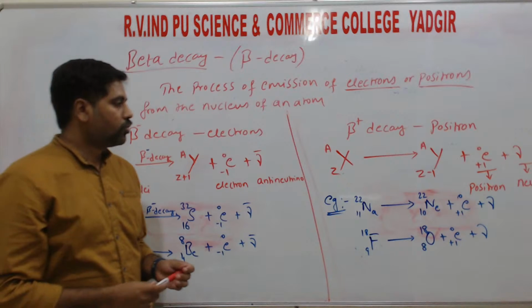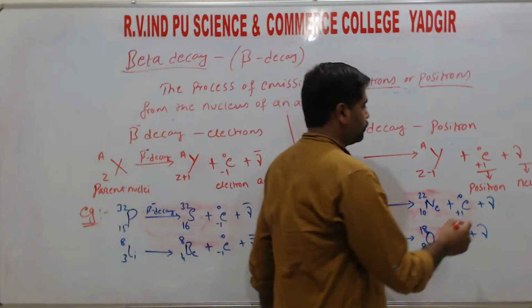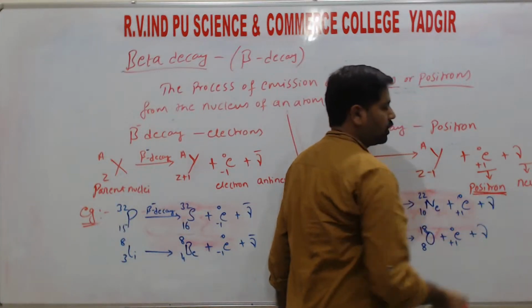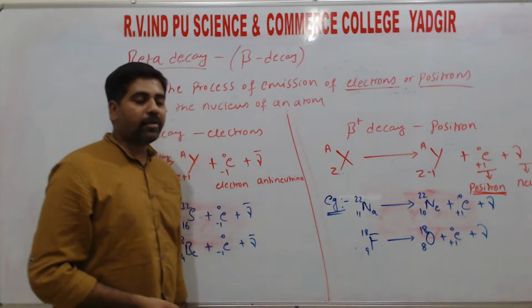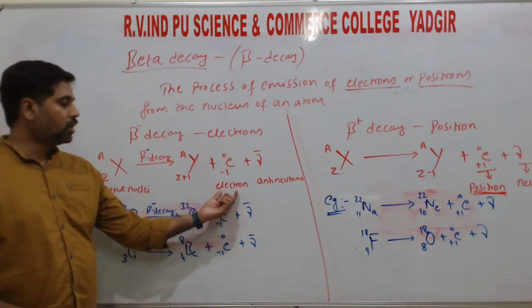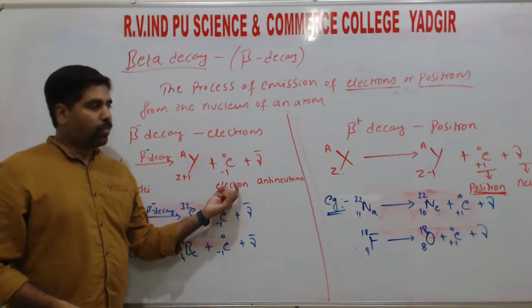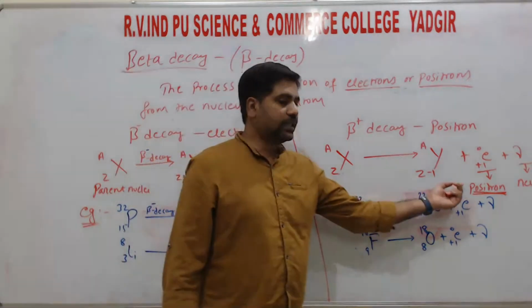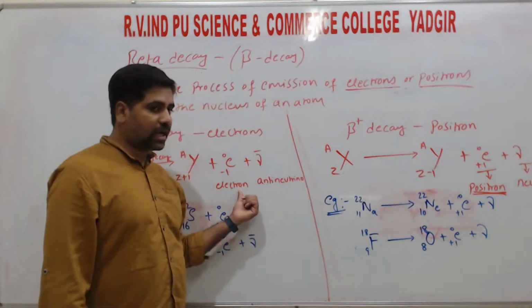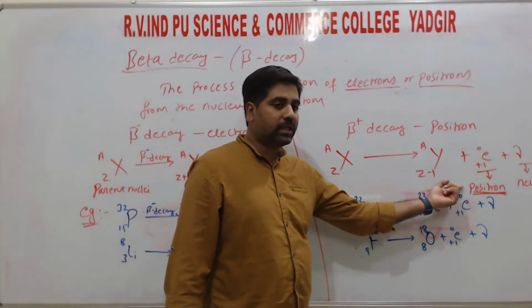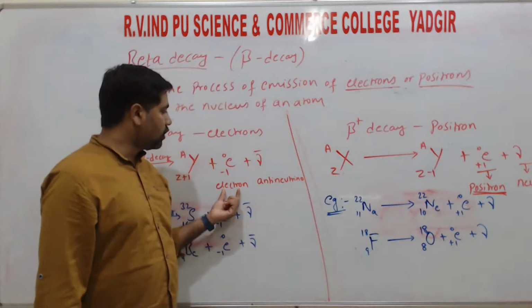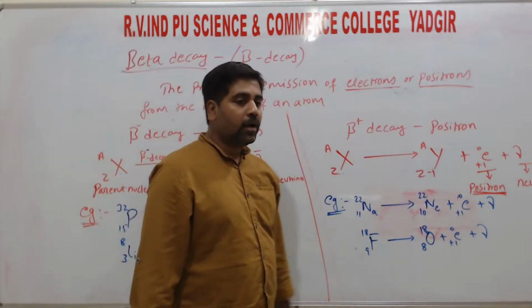So what is a positron? A positron has the same mass as the electron, but opposite charge. If the electron is negatively charged, then the positron is positively charged. The mass of the electron equals the mass of the positron.